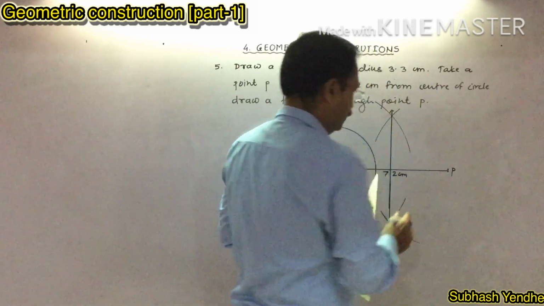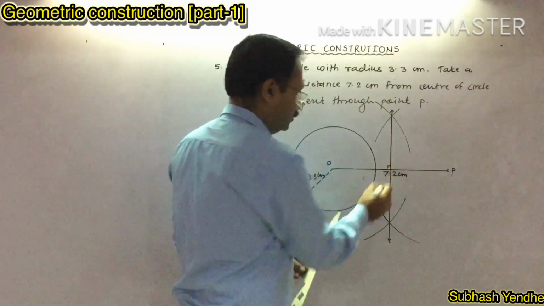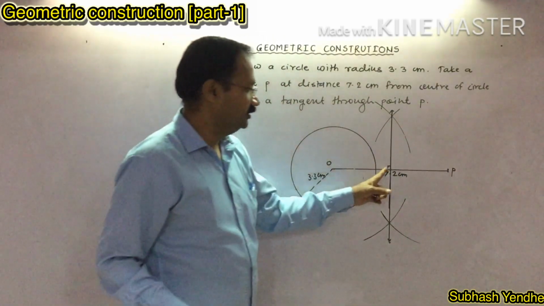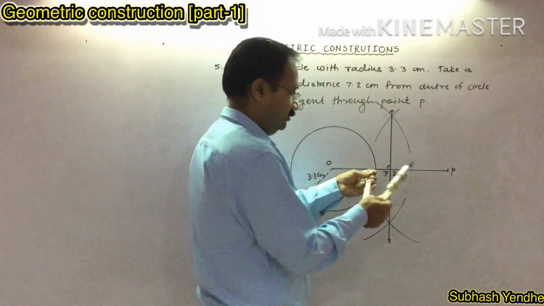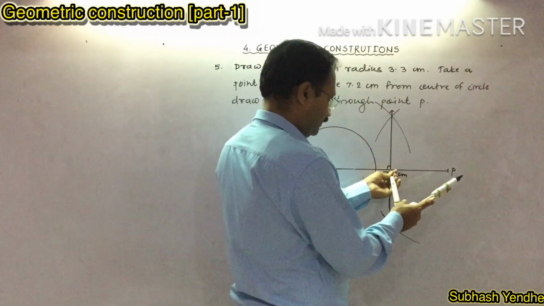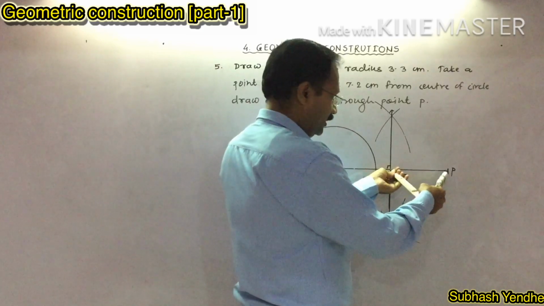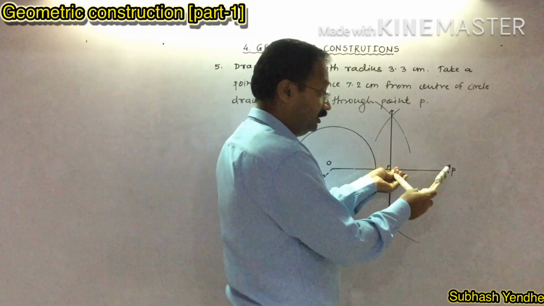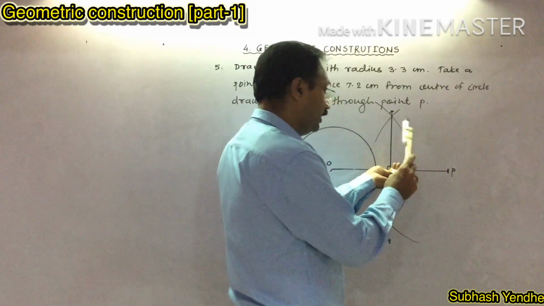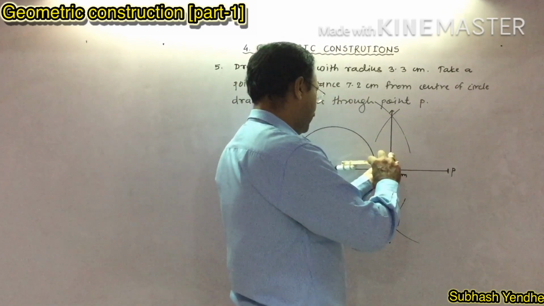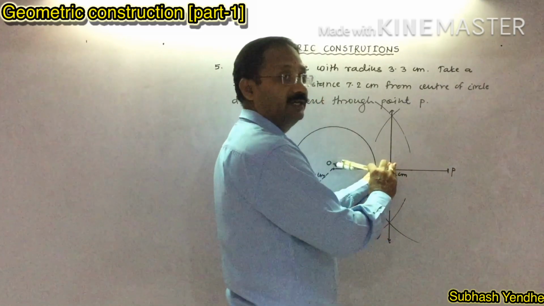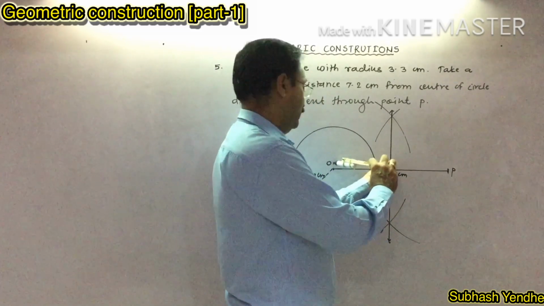And now what you have to do? You have to draw a circle which is passing through the perpendicular. Now put the point on this perpendicular point. Take the distance up to the P. See that it should pass through the point P and the point O. If it is not passing, it means your perpendicular bisector is wrong.